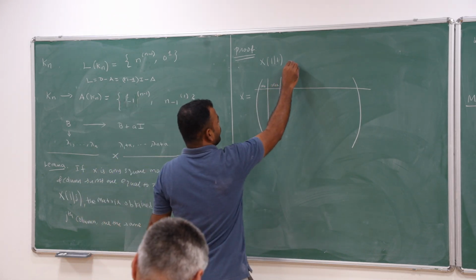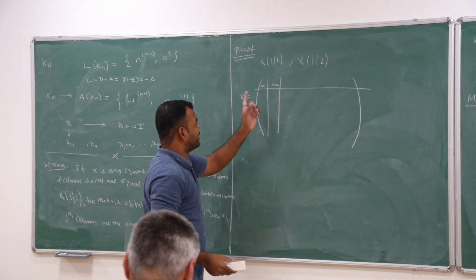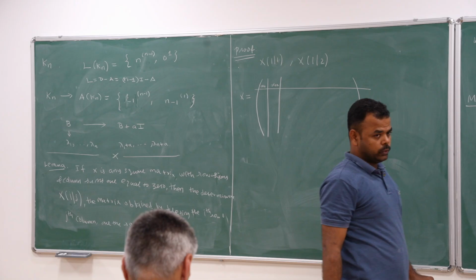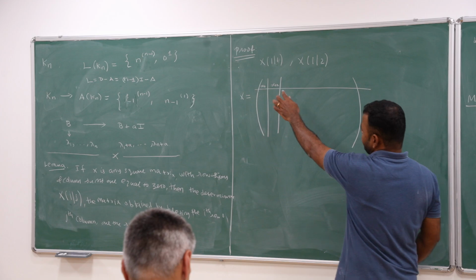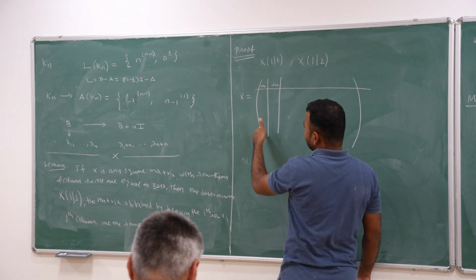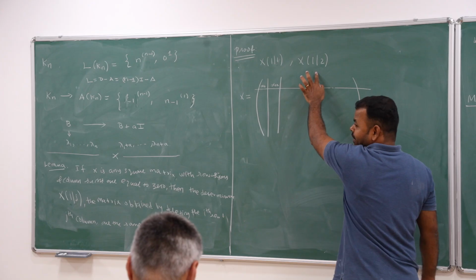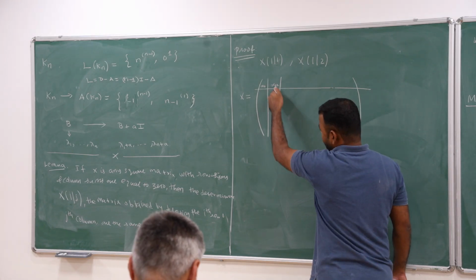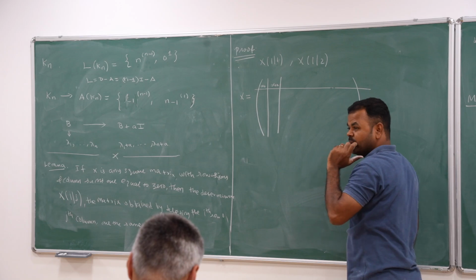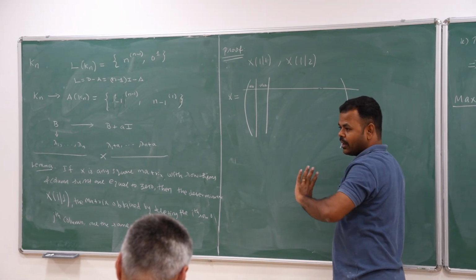Let us compare X11 and X12. What is the difference between X11 and X12? X11 is the matrix we obtained by removing the first column and first row. And X12 is the matrix obtained from X by removing the second column and first row. So only the first columns are different.